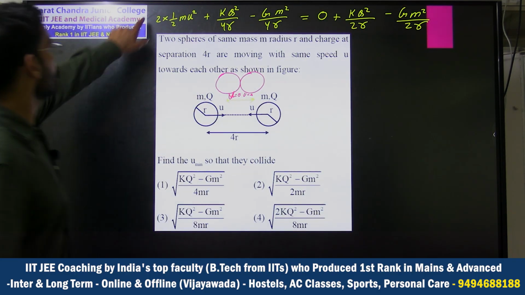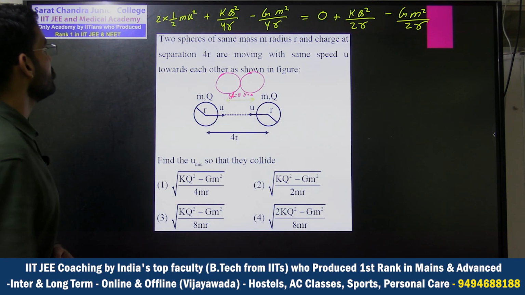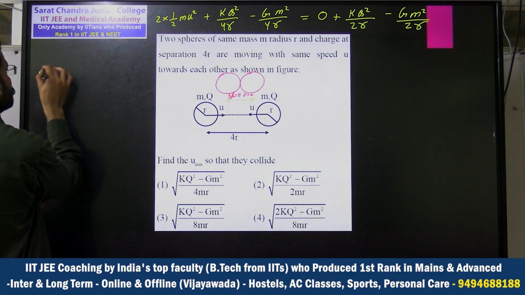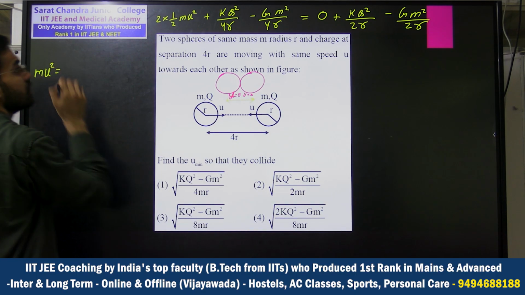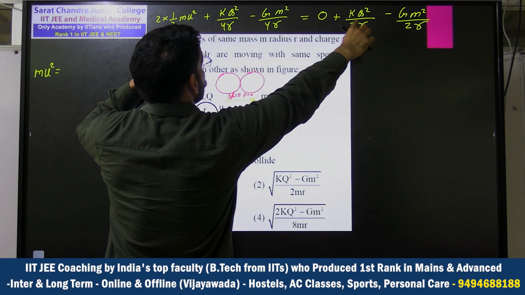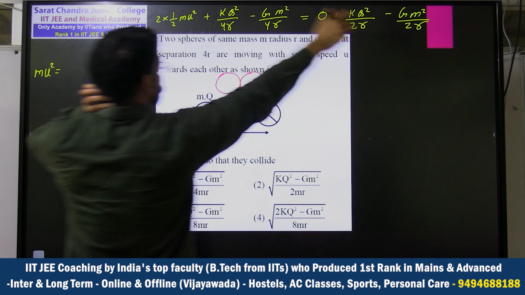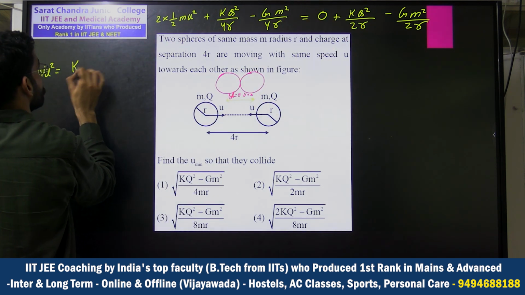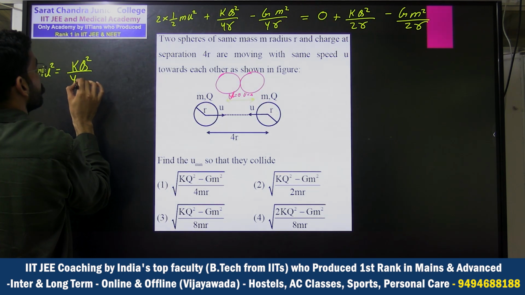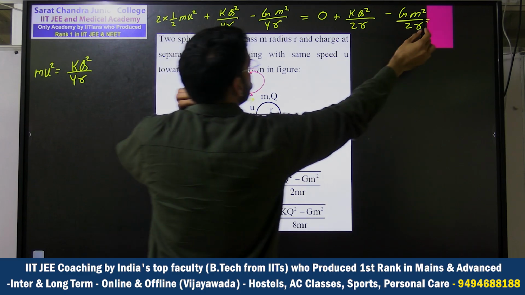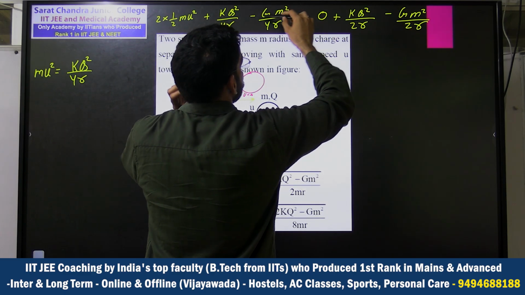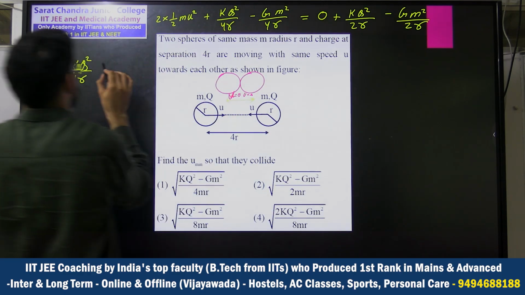So here the 2 cancels out, m u squared remaining. For m u squared, here you have plus 1 by 2, here plus 1 by 4, that side 1 by 2 minus 1 by 4, so positive 1 by 4 is there. So you can say k q squared by 4r, and here this is minus 1 by 2, here minus 1 by 4, that is plus 1 by 4, so minus 1 by 4 remaining.